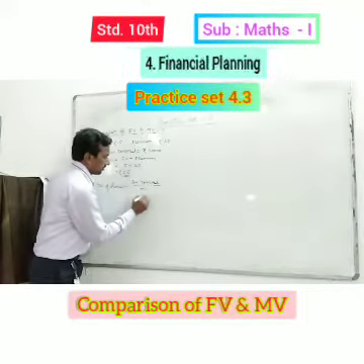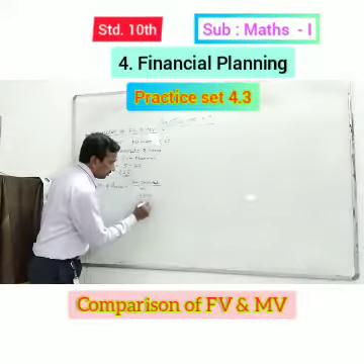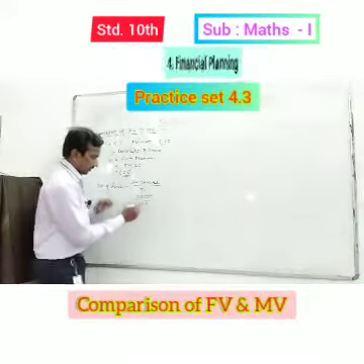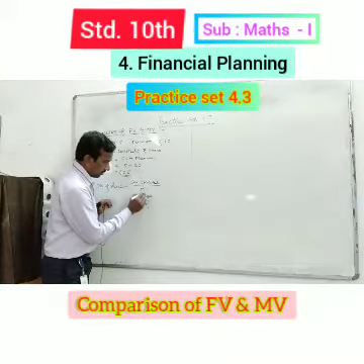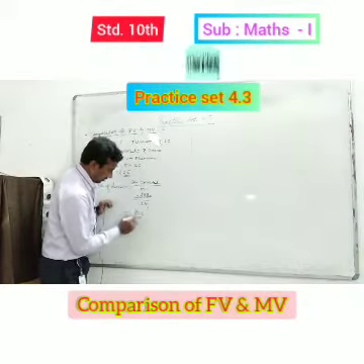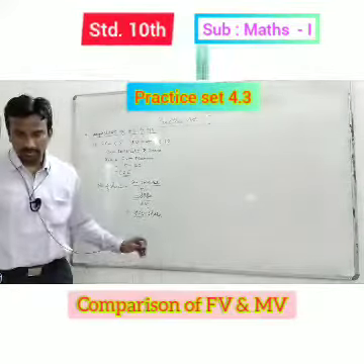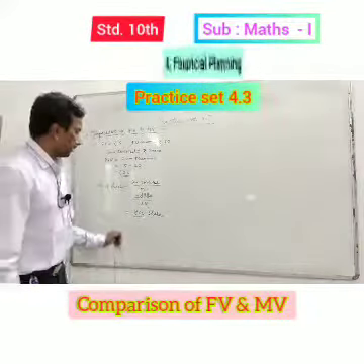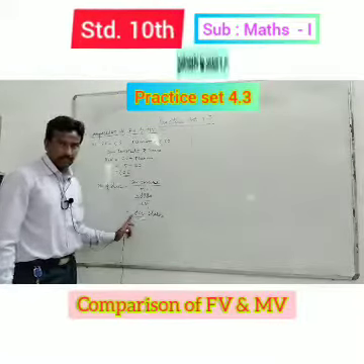Sum invested is rupees 20,000 and market value of a share is rupees 25. Divide 20,000 by 25. Means number of shares Srimati Deshpande purchased in total is 800.